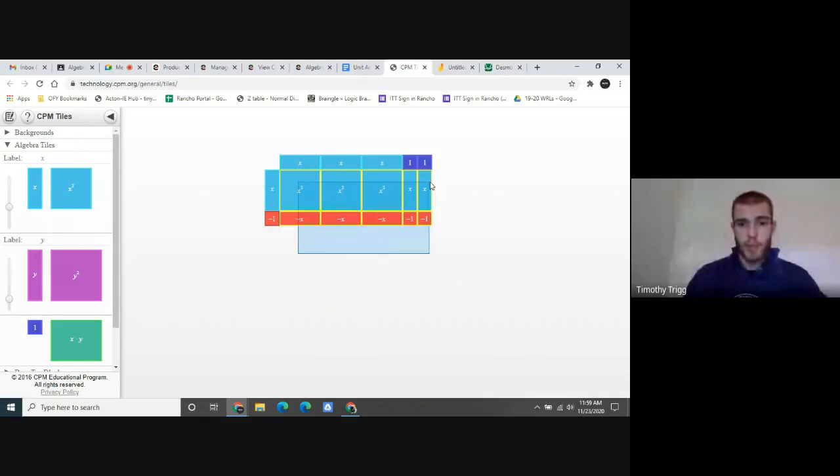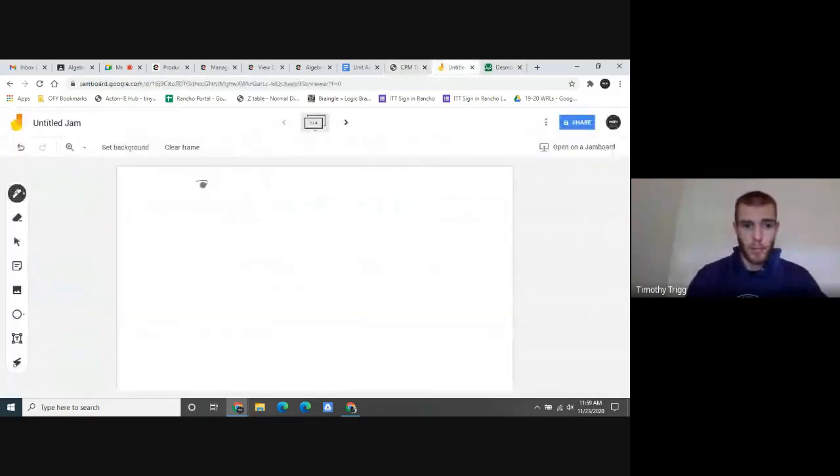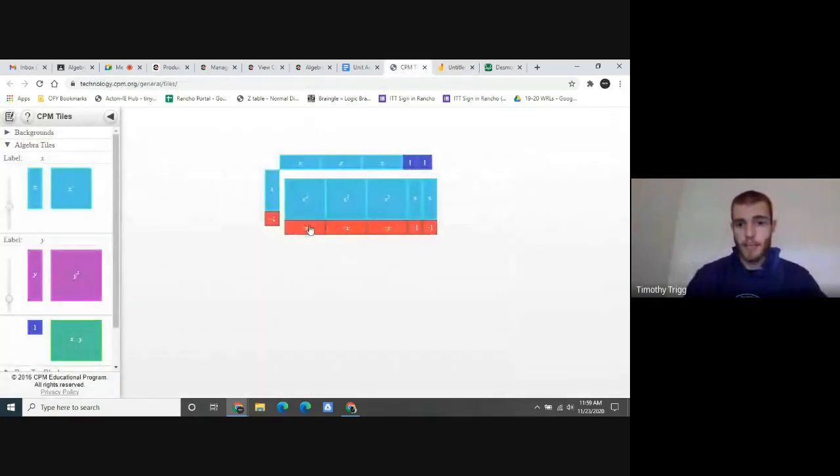So now we can see this rectangle here is the answer to what happens when you multiply x minus 1 times 3x plus 2. And so the answer would be 3x squared. I'll go ahead and write that down on my whiteboard here. 3x squared. And we have a negative 3x and a positive 2x.